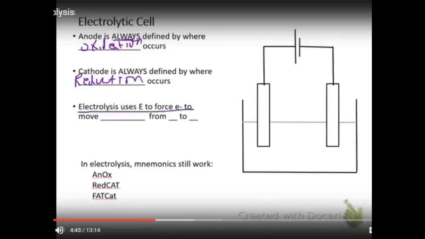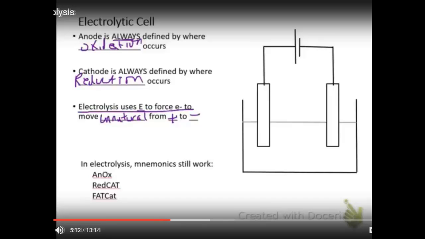And the other thing is, because this is a non-spontaneous cell, the electrolysis is using external energy to force the electrons to move in an unnatural direction, and they are moving from positive to negative, which, as you know, is not the way electrons would typically flow.